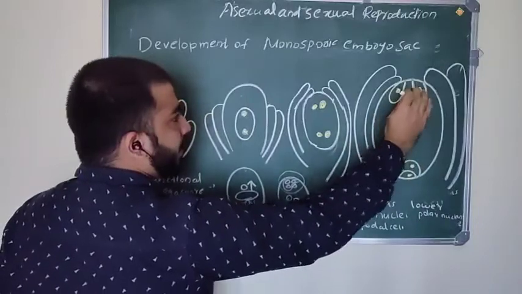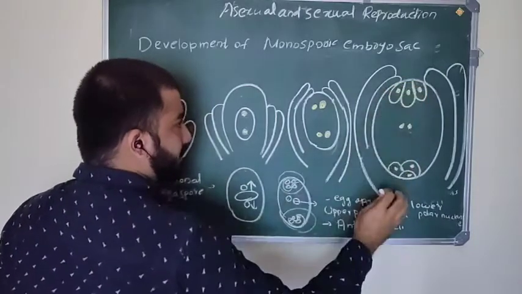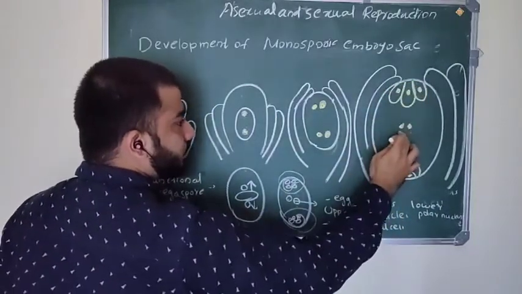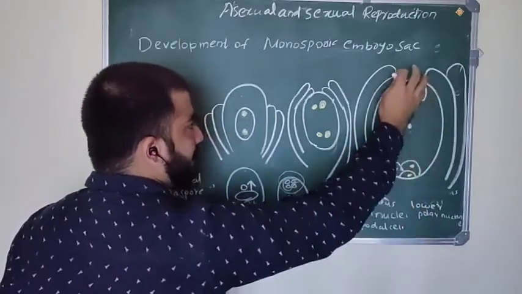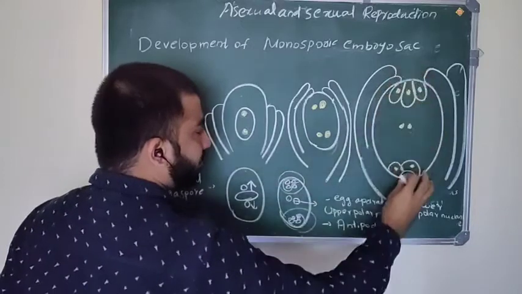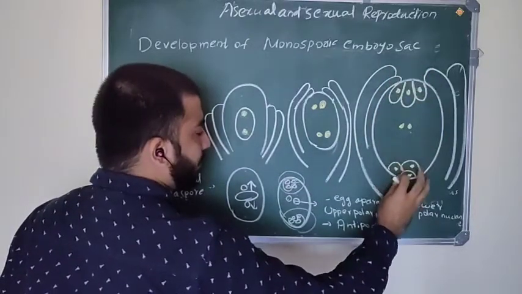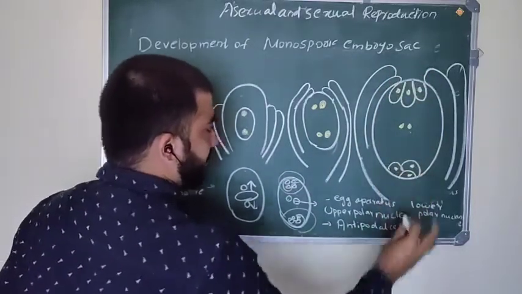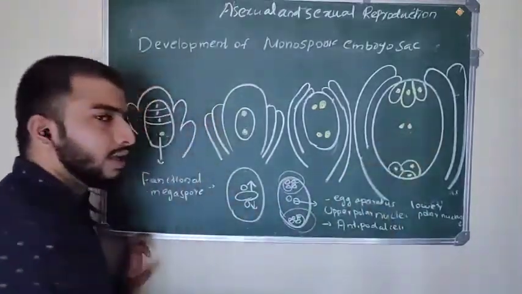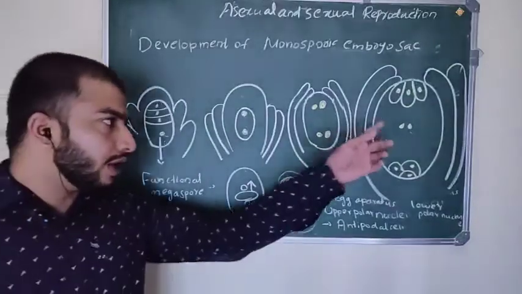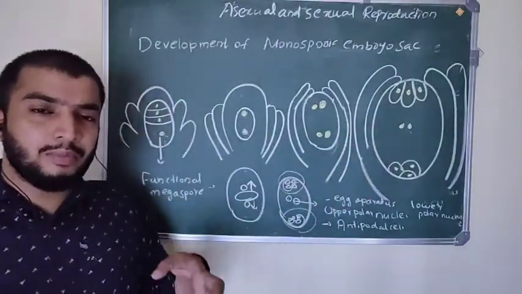Here you can see this is the egg apparatus, this is the two polar nuclei, and these are the antipodal cells. Egg apparatus is at the micropylar end of the embryo sac, antipodal cells at the chalazal end, and in the center two polar nuclei are present. In some cases, these polar nuclei may be separate or they may be fused.